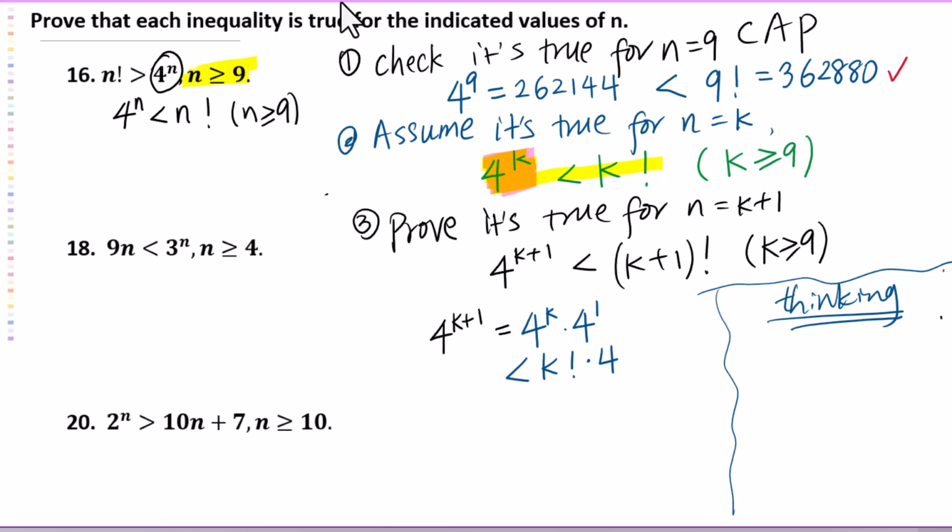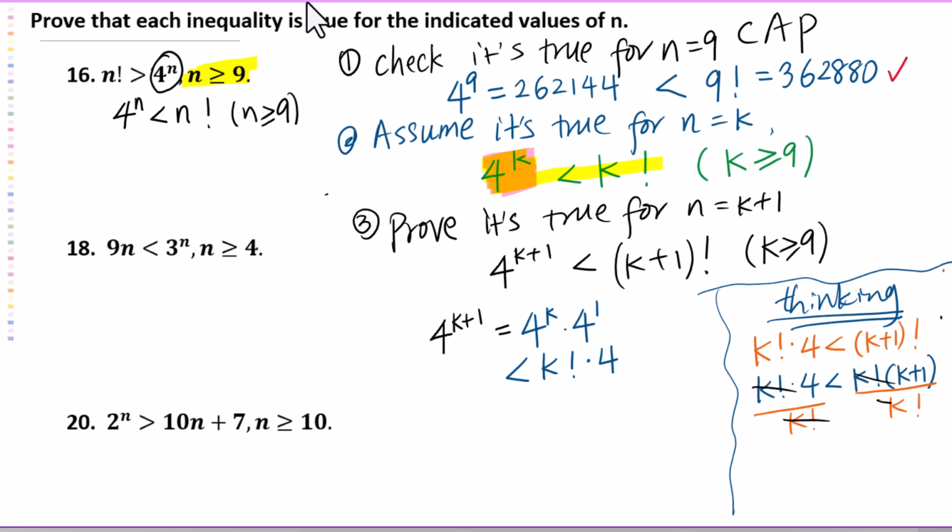So, as long as we can prove k factorial times 4 less than k plus 1 factorial, k factorial times 4 less than k factorial times k plus 1, then we divide by k factorial both sides. Reduce: 4 less than k plus 1. Since k is greater than or equal to 9, this is always true.